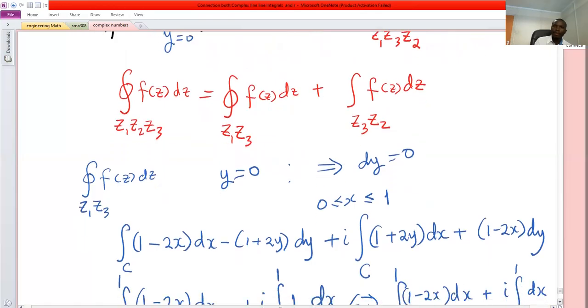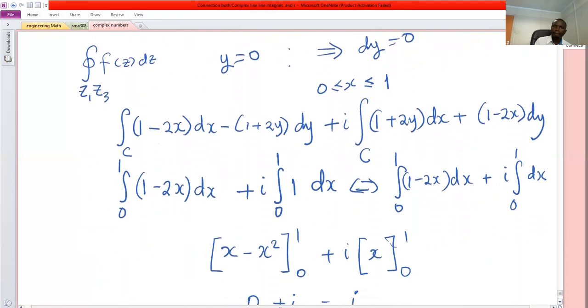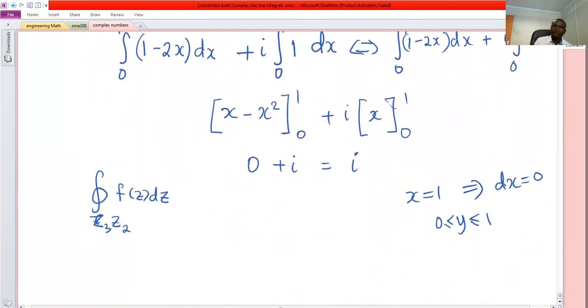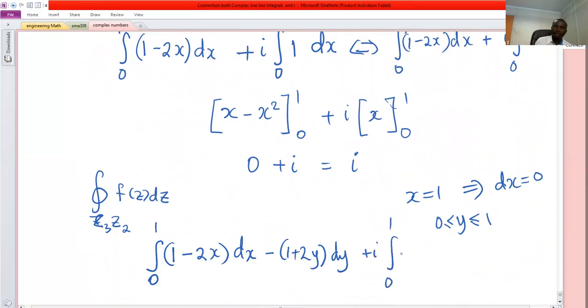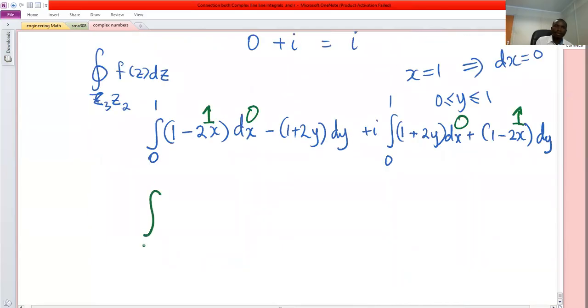Therefore, in this definition of the integral, where we have the integral from 0 to 1 of (1 minus 2x) dx minus (1 plus 2y) dy plus i times the integral of (1 plus 2y) dx plus (1 minus 2x) dy, now putting in the limits, where there is dx you put 0, and where there is x you put 1.